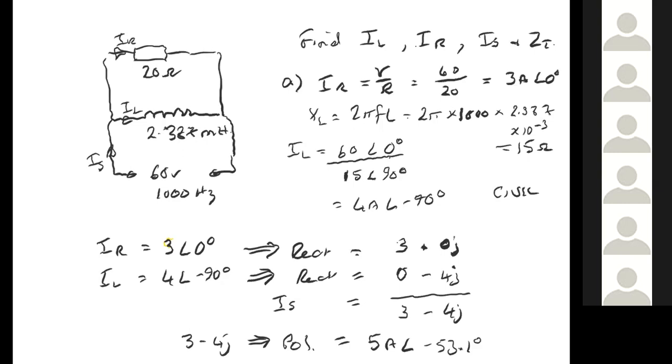The last bit that's asking for is impedance. So ZT, the total impedance, is the in-phase part R plus XL j ohms.